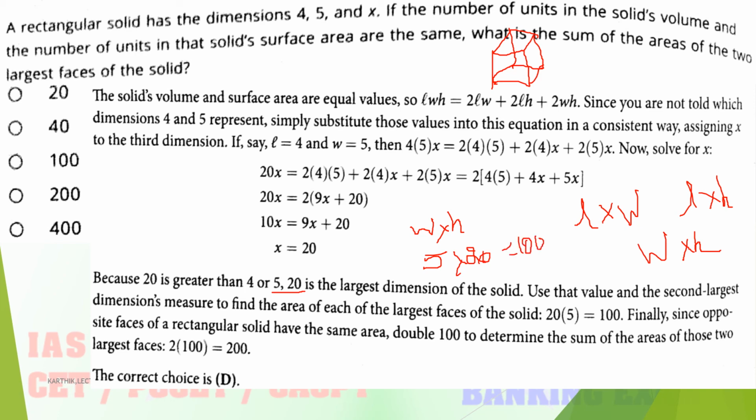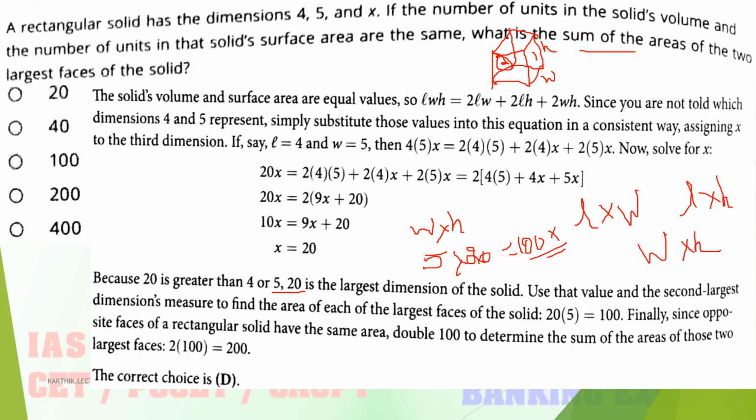But they told two larger faces, one is 5 as well as 20, two larger faces. What is the sum of the area? I will consider here, this is width and this is height. So here one face, and the second face, you can observe two faces are there. First face as well as second face. The first one you will get as 100, the second face also you will get 100.